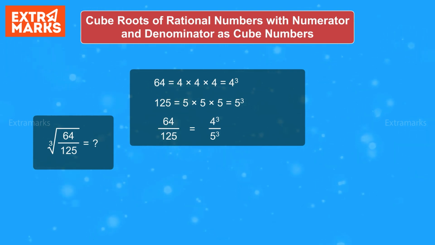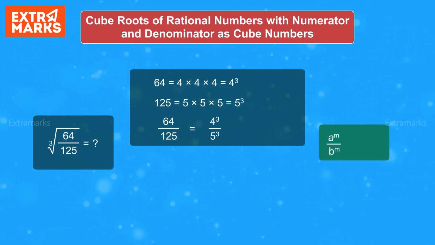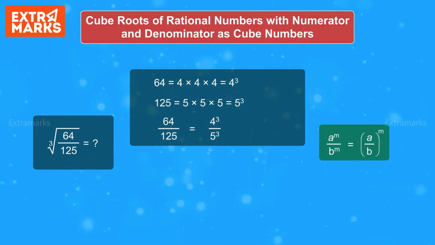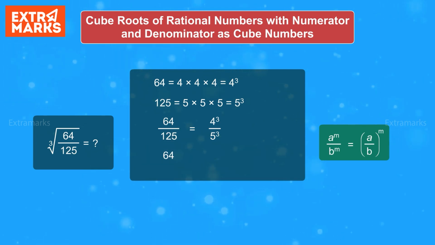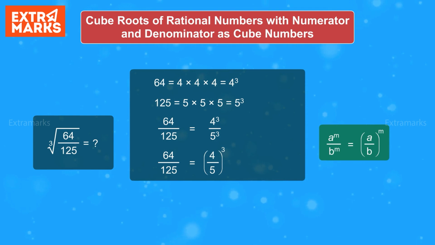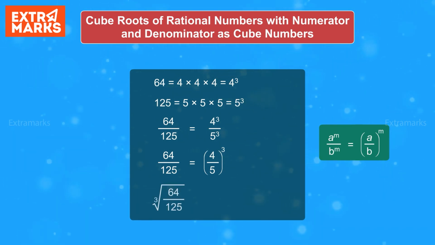We know the property of exponents: a raised to the power m upon b raised to the power m is equal to a upon b whole raised to the power m. Using this property, we can write 64 upon 125 as 4 upon 5 whole cubed. Therefore, the cube root of 64 upon 125 is equal to 4 upon 5.